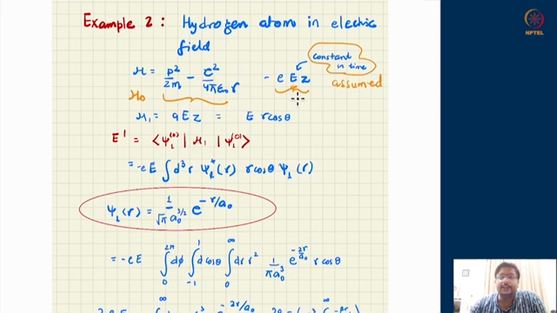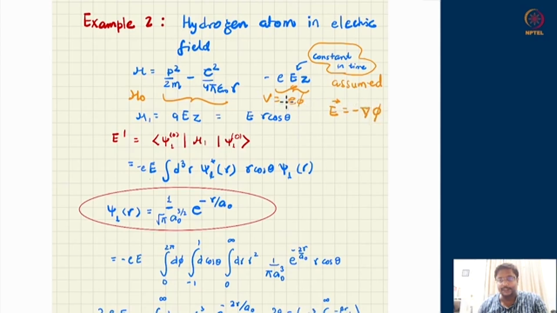For that constant electric field, applied in the Z direction, the electric potential is E times Z. This is the potential energy of the electron put in the electric potential phi. Now you can see that the electric field is the minus of the gradient of the potential.